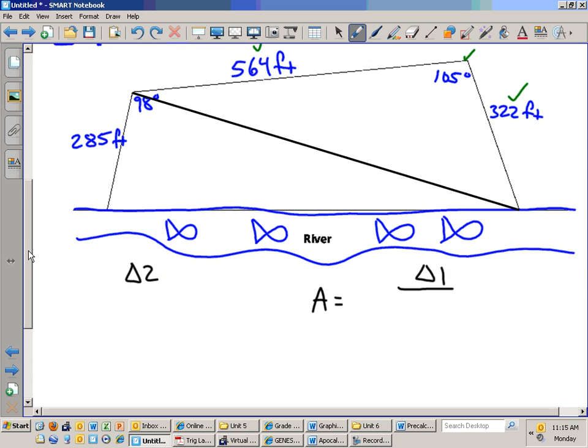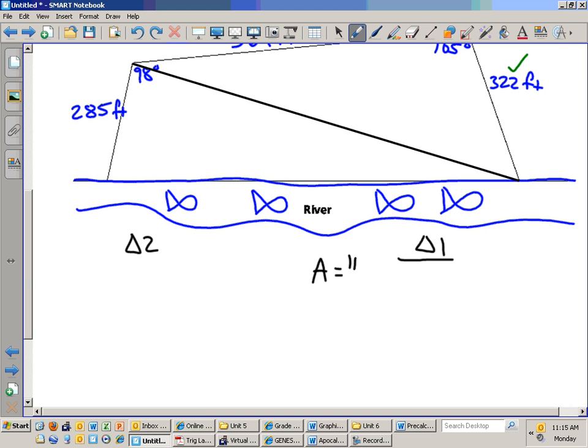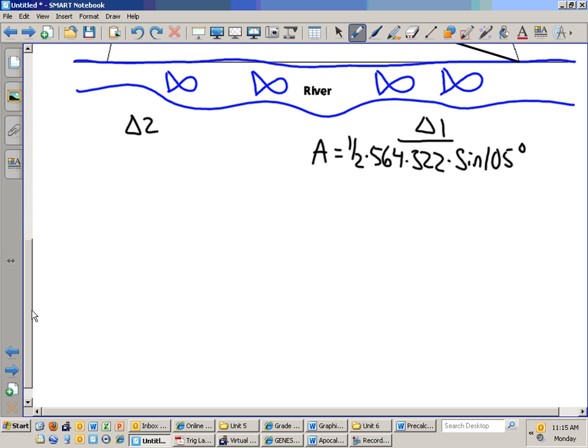So I set it up: 1/2 times 564 times 322 times the sine of 105 degrees. What you got there, pallies? Somebody give me a number. Should be like 87,000 or something like that. 87709.93 feet squared.